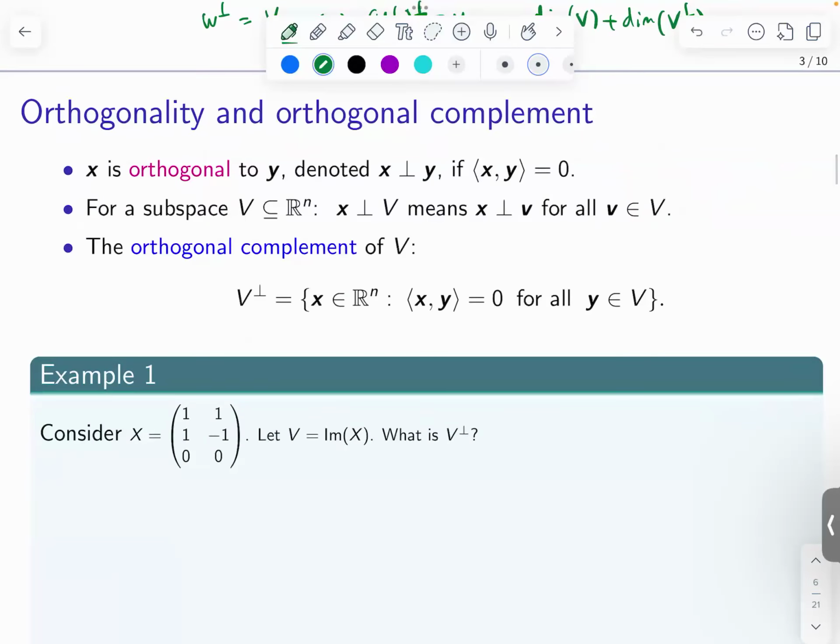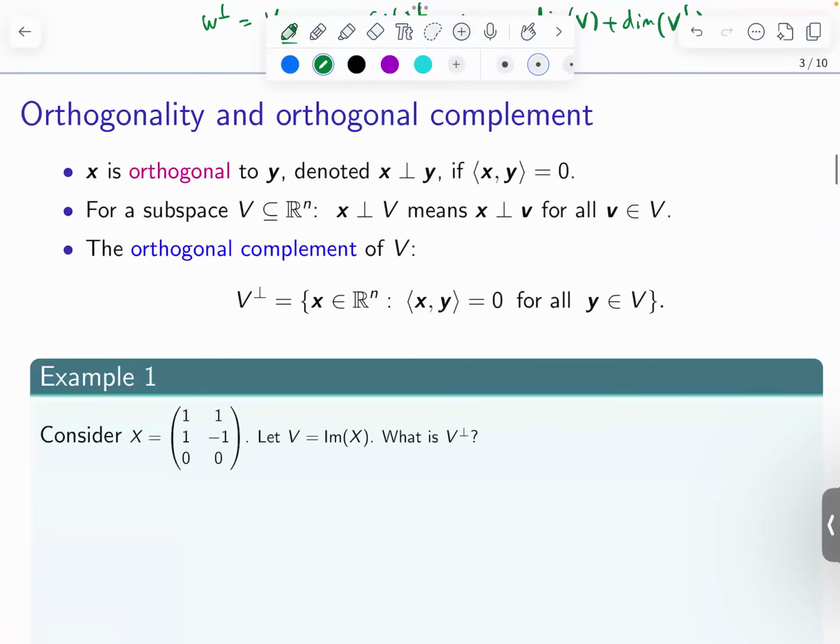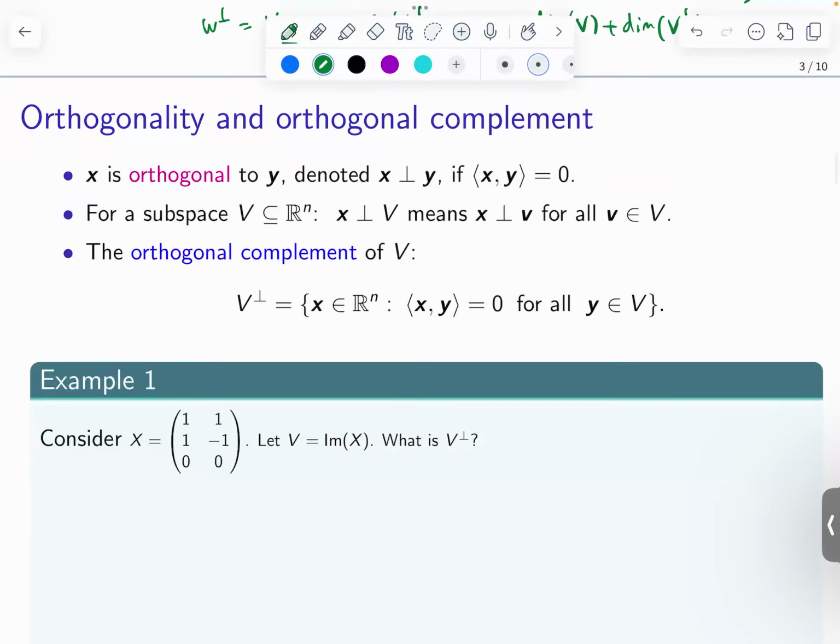Here's another example which we can skip. If you have X as a matrix, the image of X, or the column space of X, is just the span of the columns, which defines a linear subspace. Does anyone know what that linear subspace is?